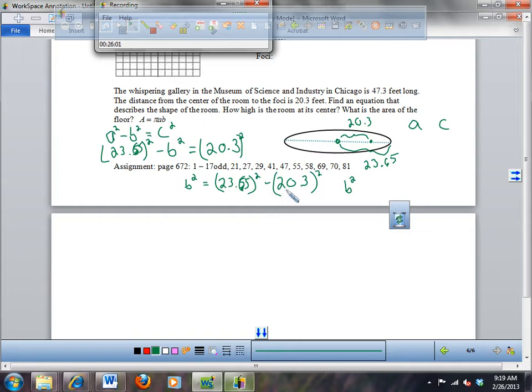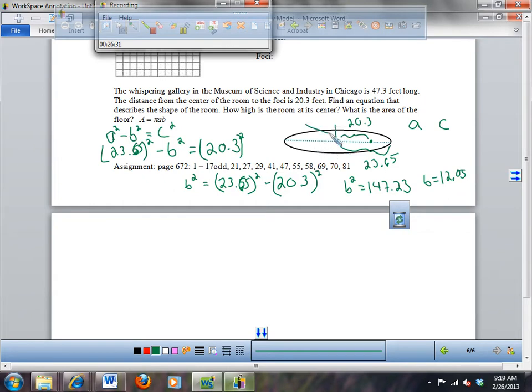Oh yeah, so b squared is 147.23, so what's the square root of that? 12.05. So they say, how high is the room at its center?